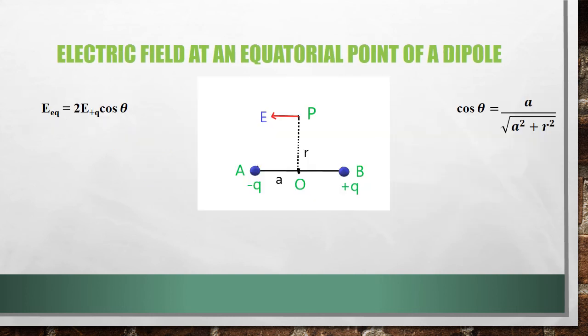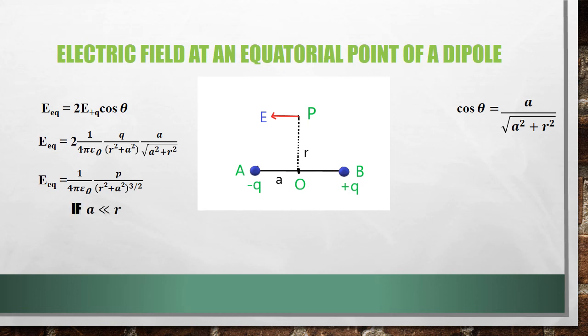The resultant electric field E equals 2 times 1 by 4 pi epsilon 0 into q divided by (r squared plus a squared) into a divided by root of (a squared plus r squared). Here cos theta equals a by root of (a squared plus r squared). On simplification we get E equals 1 by 4 pi epsilon 0 into p divided by (r squared plus a squared) the whole raised to 3 by 2.